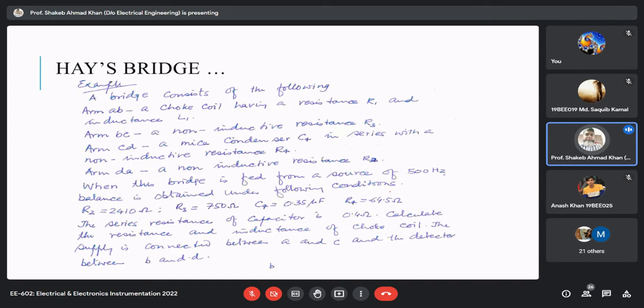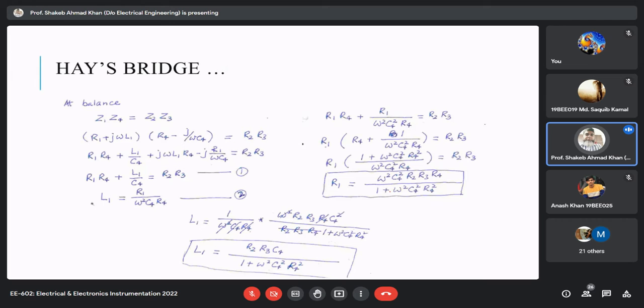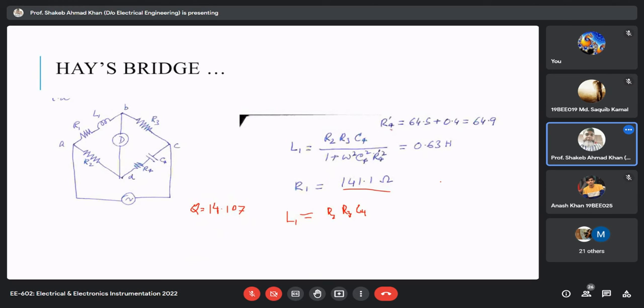Because in calculation of R1 you require the value of the frequency, because it is omega square, C4 square, R2, R3, R4. Anyway, you should calculate it.